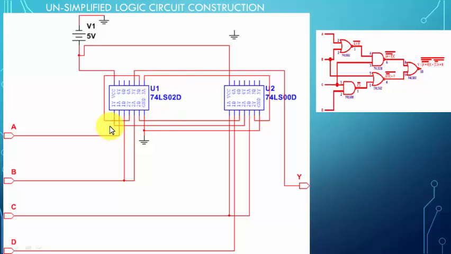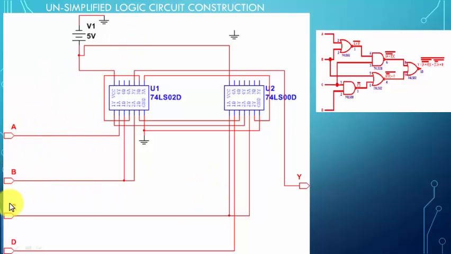Don't forget how to count an IC's pin number. That is counterclockwise. 1, 2, 3, 4, 5, 6, 7, and 8 is all here. 9 will be all here. So based on this circuit, you should construct your circuit like this on your proto board.